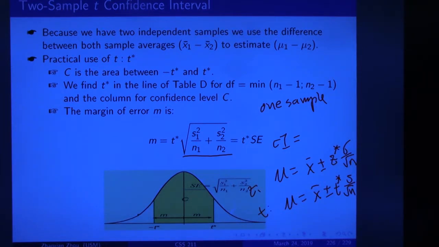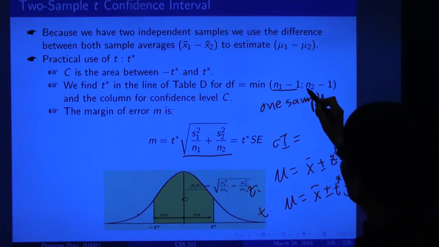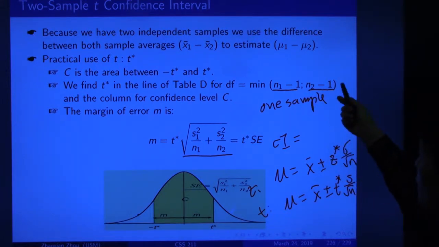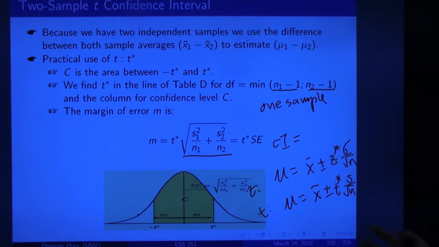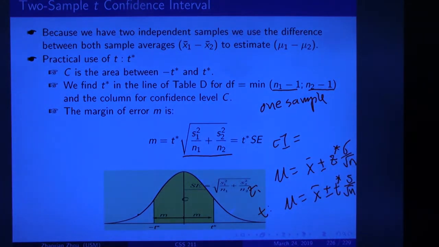So I don't think we have any problems. Another difference is the degree of freedom we need to take care of. We need to choose the smaller one, because one is N1 minus 1, another one is N2 minus 1. Most probably N1 will not be equal to N2, so we take the smaller one for safety. All other concepts, the t star and confidence level C, are the same.